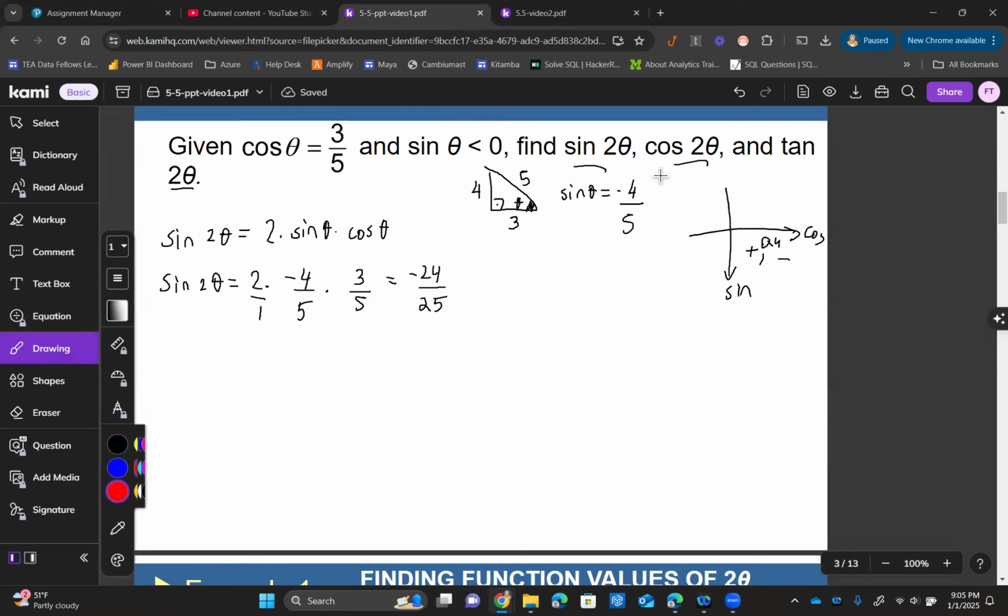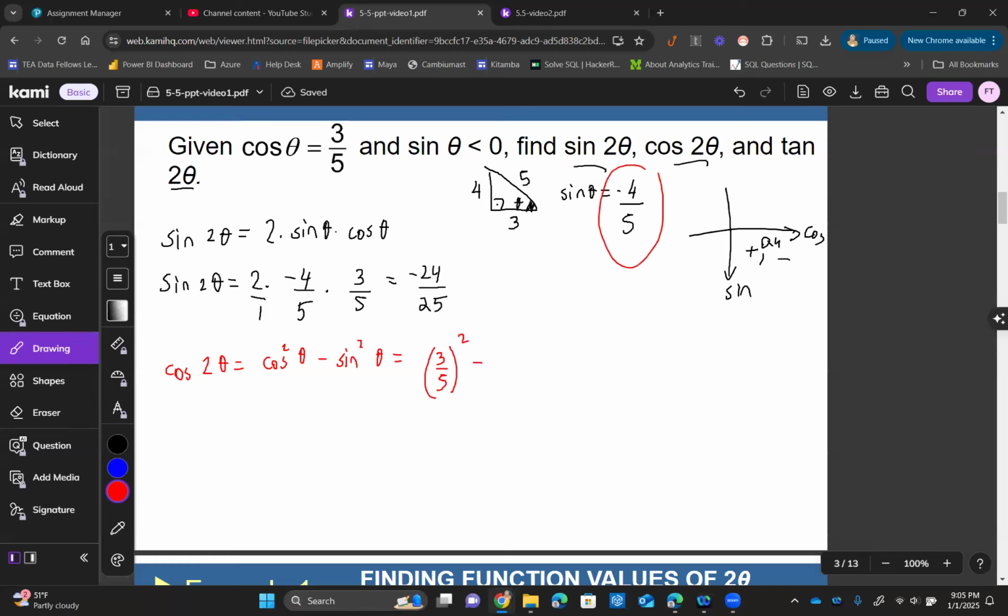Now, for cosine of 2 theta, we have a lot of formulas that we can use, but I'm going to just use our main formula, which is cosine squared theta minus sine squared theta. This is the main double angle formula for cosine of 2 theta. Cosine theta is given as 3 over 5, but the formula requires me to square it.